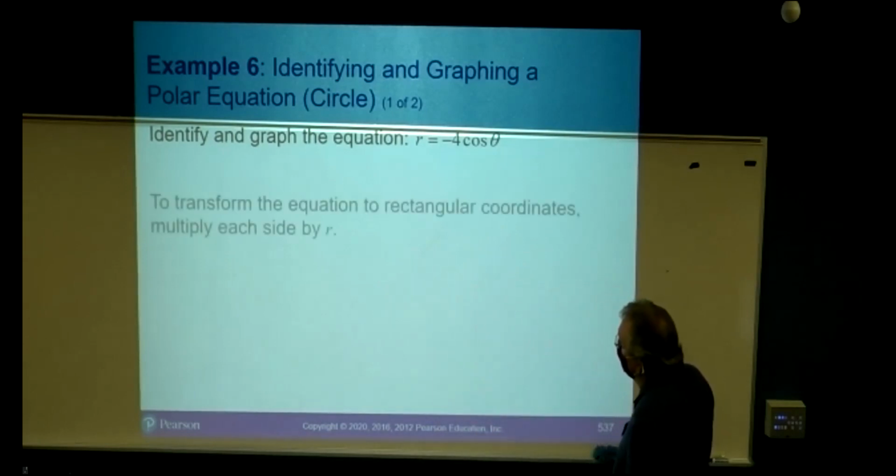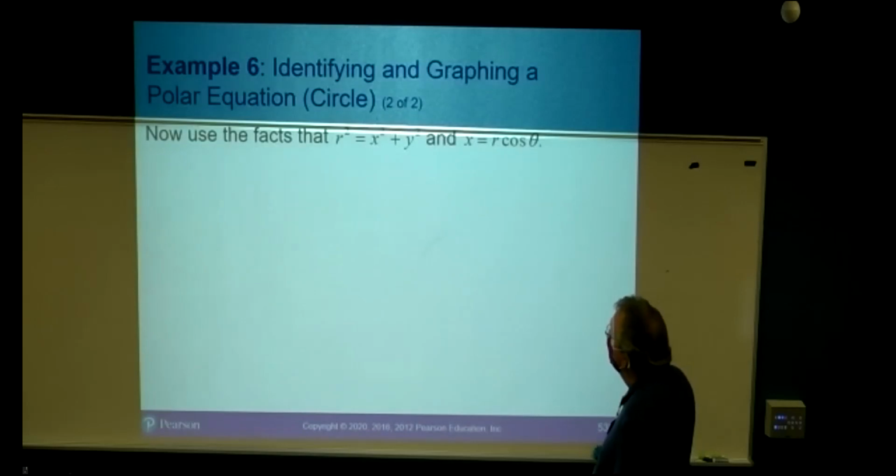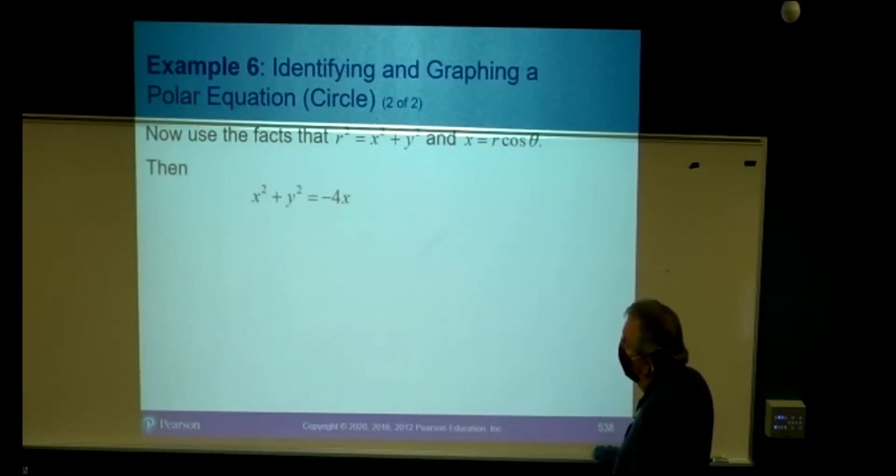So again, we multiply by r, and we replace r squared with x squared plus y squared, and we replace r cosine theta with x. And so this is what we have, and then we add 4x to both sides.